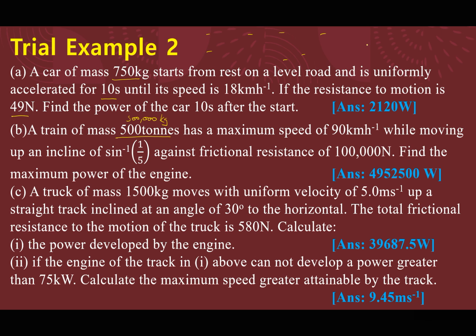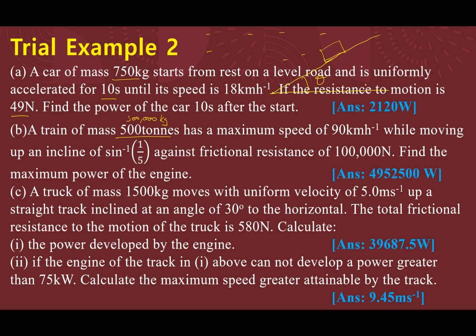So because there's an incline, I'll sketch the incline here. Let this angle be theta, which is sine inverse of 1 over 5. And then there is a car. I'll just do a free body diagram like that. And it has a maximum speed of 90 kilometers per hour.